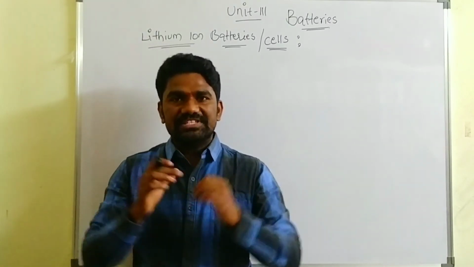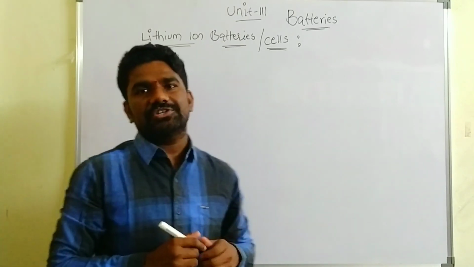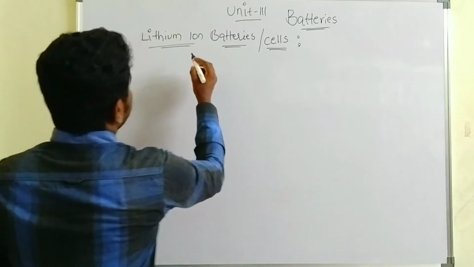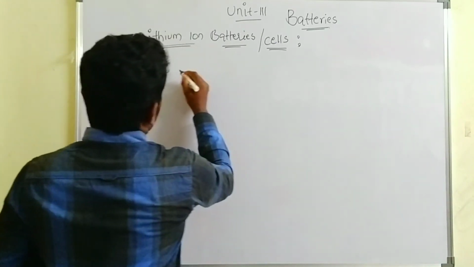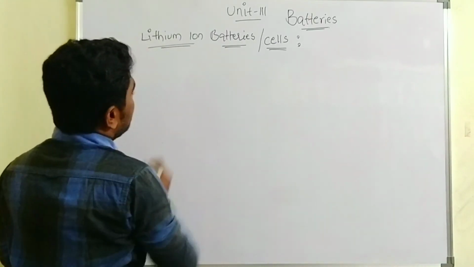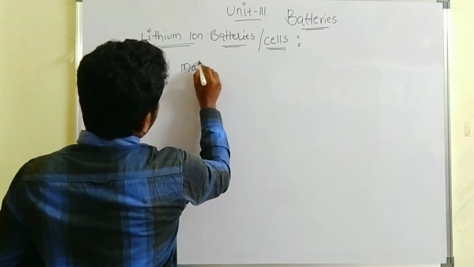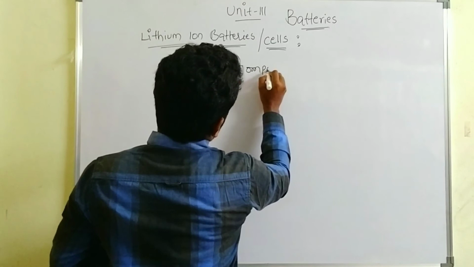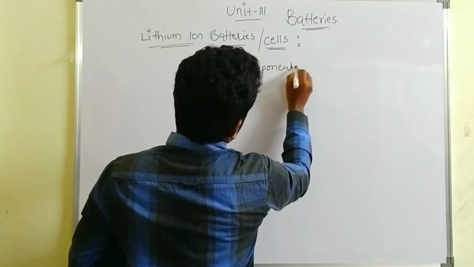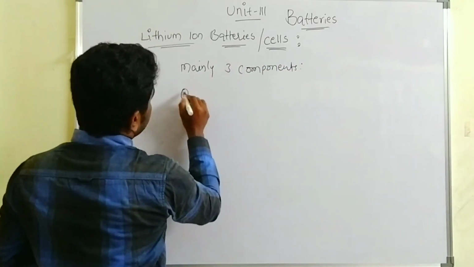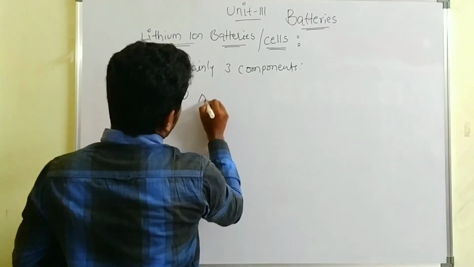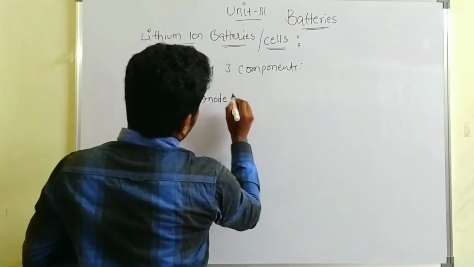Now we'll see the construction of the lithium ion batteries. Here we have mainly three components. The first one is the anode electrode.